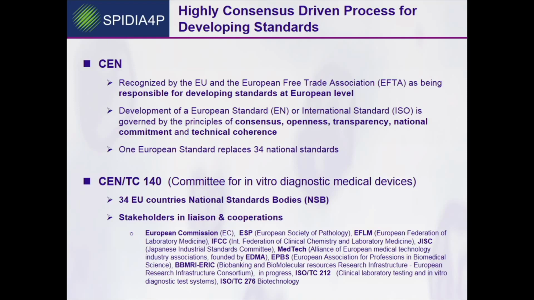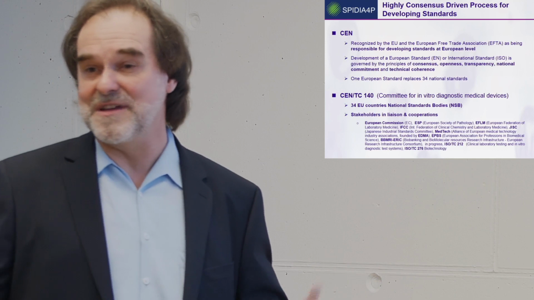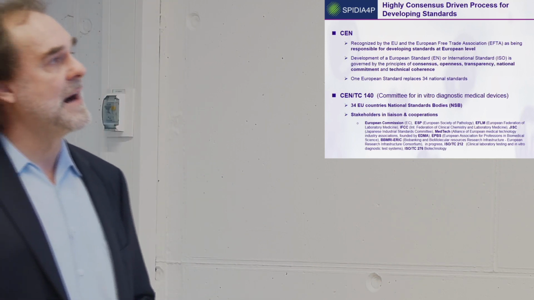And that's why openness, transparency, national commitment are important elements in this process for achieving a big impact of these developed standards. And so the 34 European countries are working together there. That means one European standard, if it gets introduced, replaces the 34 individual national standards. So we achieve a harmonization over all Europe.